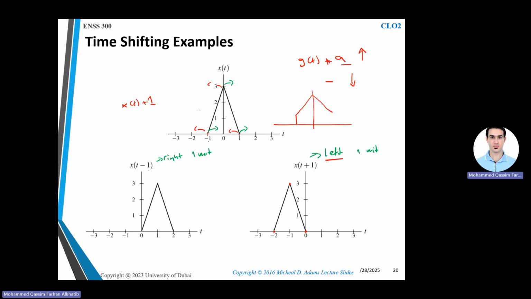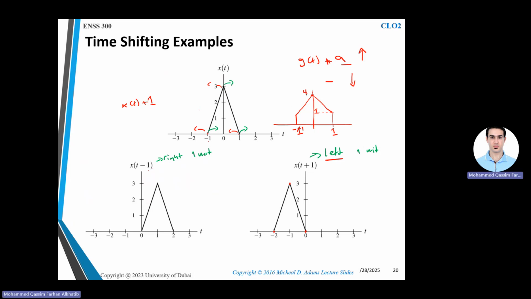However, at negative 1, sorry, and at 1, you'll have the function like this. Now, here it's 0, sorry, it becomes 1, and here my peak will become at 4. I shifted up by 1.